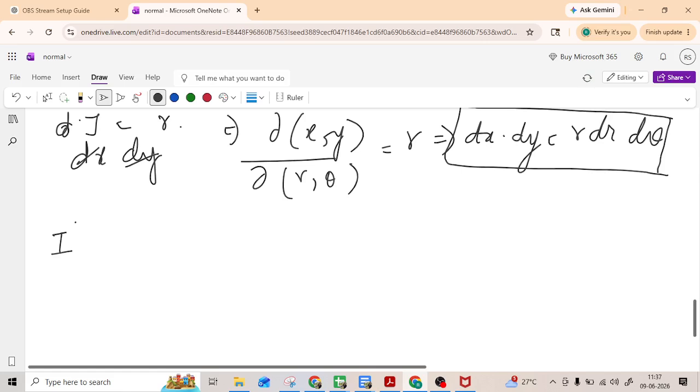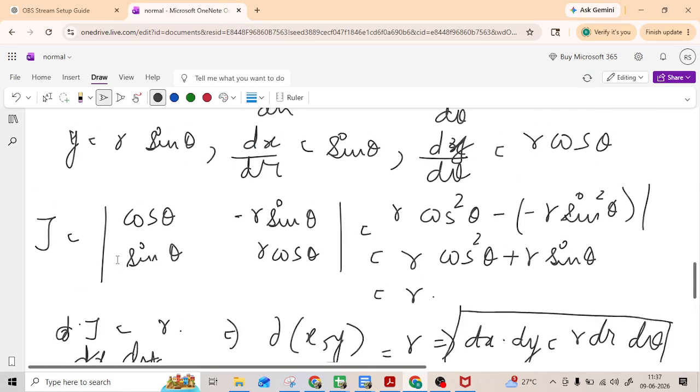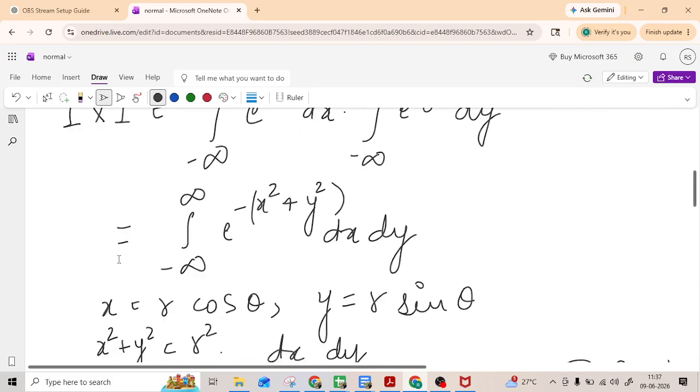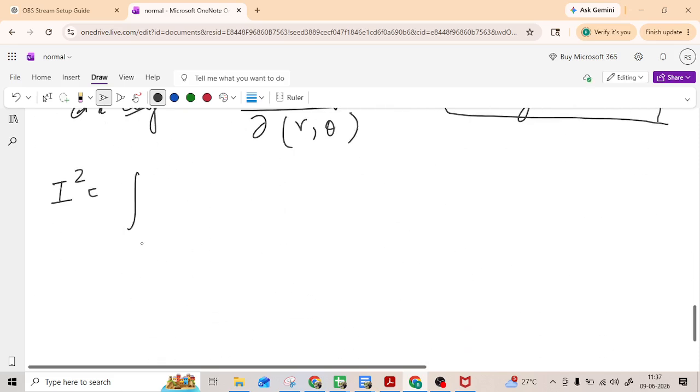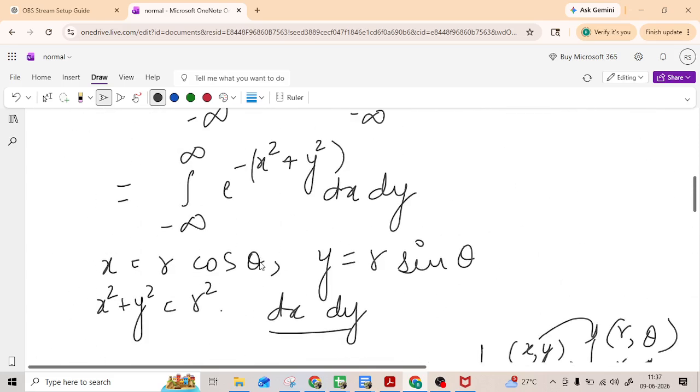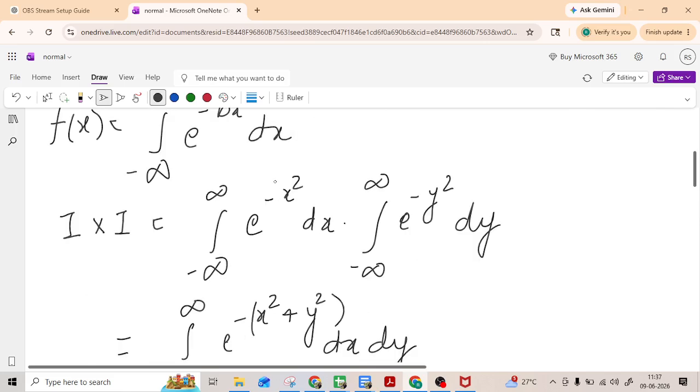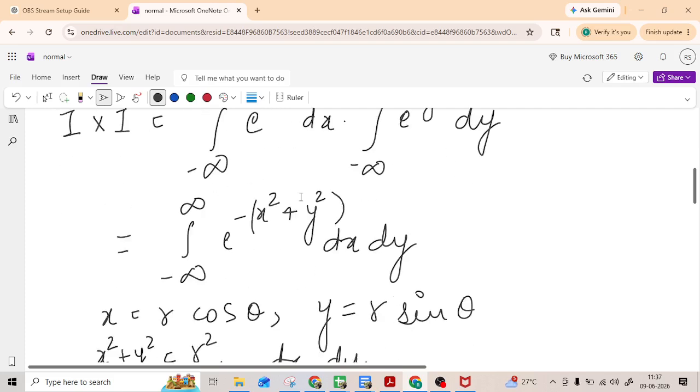So let's go back. We had I square as this. This is what we had, no? Also write minus b. So let me write minus bx square minus by square, and it becomes minus b x square y square.